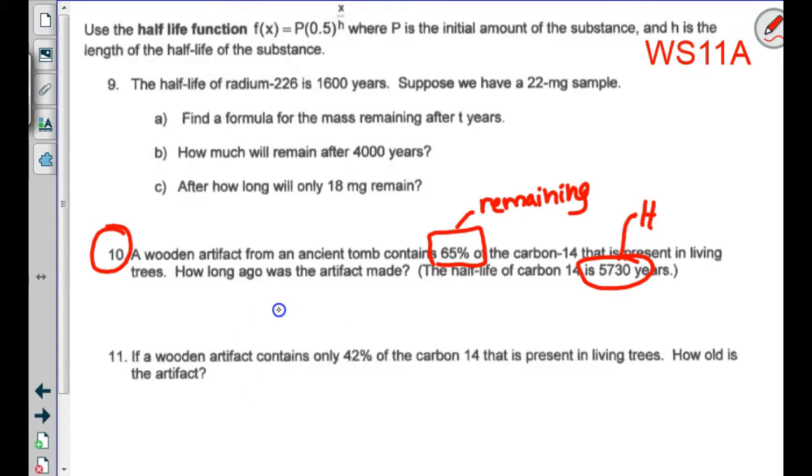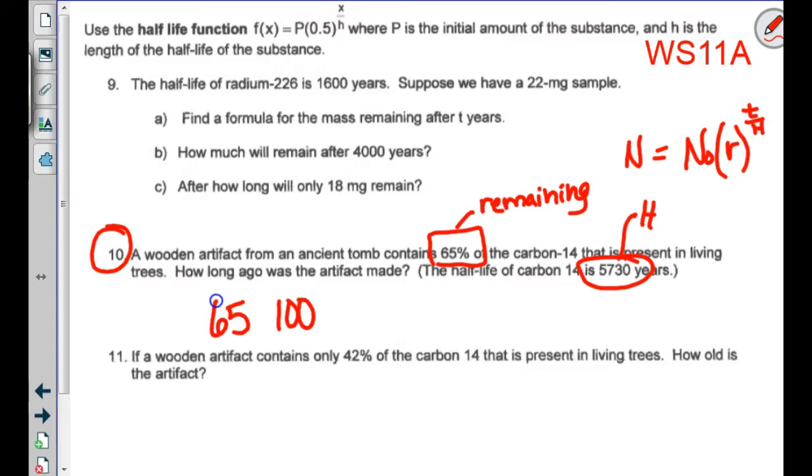Couple different ways. We could say I'm going to start with 100. How much would we be down to then? If my original value was 100, we can use this formula, guys. So if we started, what's 65% of 100?